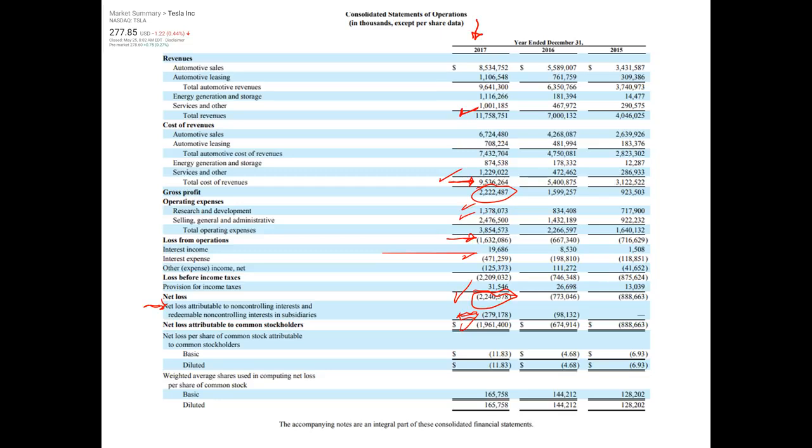So what is that? It seems like a lot of money, but what is that on a per share basis? In other words, if you owned one share of Tesla stock, that's worth, as of yesterday, 278 bucks. So if you owned one share, you're an owner, they lost about $11.83.